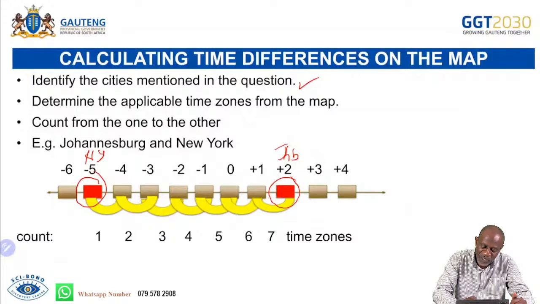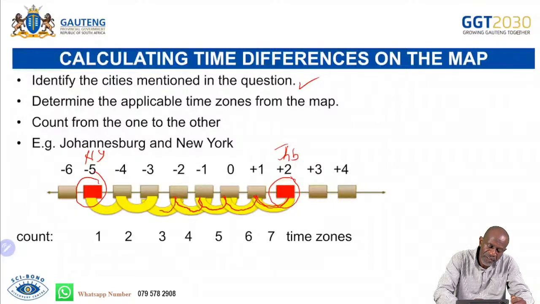Johannesburg is at +2, and New York is at -5. So if you use the ribbon, which is similar to the top of your map, which we'll see as we progress with the lesson, you count the time difference by manually saying 1, 2, 3, 4, 5, 6, and 7.